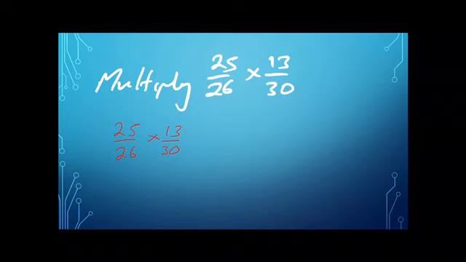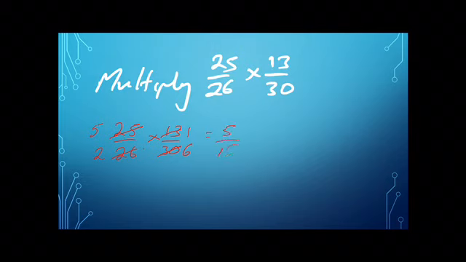So if we could simplify this before doing the multiplication, that would make it really straightforward. 25 is divisible by 5, goes in 5 times, and so is 30. 30 is divisible by 5, and there are 6 5s in 30. 13 and 26, if we divide 13 by 13 we get 1, if we divide 26 by 13 we get 2. Now we can multiply across. 5 times 1 is 5, and 2 times 6 is 12.